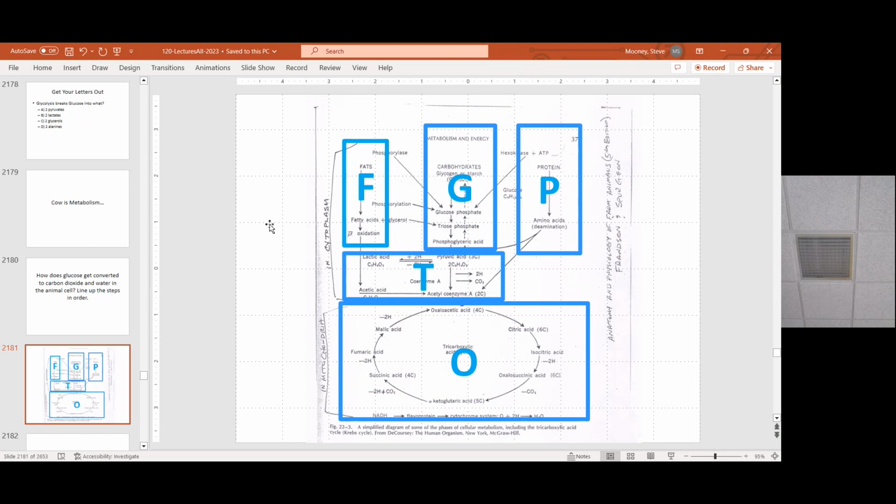So what's up there? What does G stand for? What does T stand for? Transition. What does F stand for? Fat prep. P is for protein prep. O is for oxidation. So where does a carbohydrate come in?